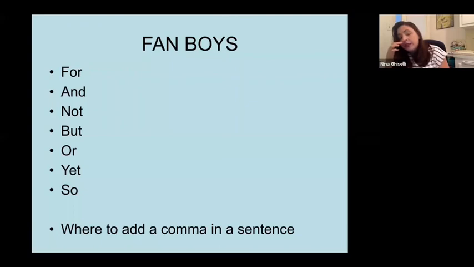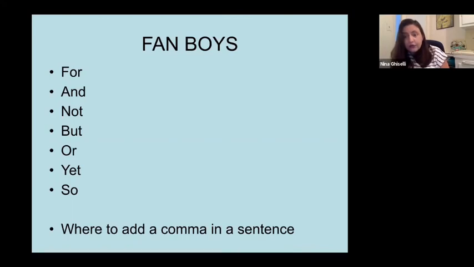Another way to do this, which is more of a verbal way, is doing acronyms. So, for example, FANBOYS. And these include for, and, nor, but, or, yet, so. So, comma, FANBOY. For me, this is how I learned how to use a comma.